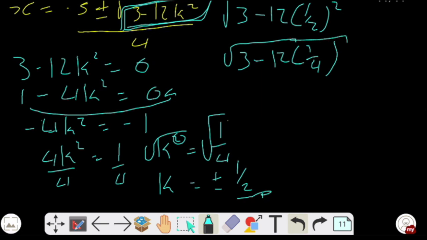Now multiplying the 12 by a quarter should be 3. 12 divided by 4 should be 3. Meaning here we are left with 3 minus 3, which is 0. And we have proved our answer. We have a 0 under our square root.